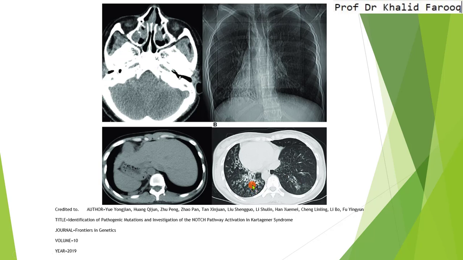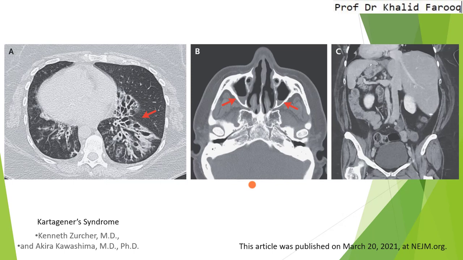This last example, where we can see dextrocardia, and we can clearly appreciate bronchiectatic changes in peribronchial areas and lower lobes on either side. Similarly, mild diffuse mucosal thickening is also appreciated, suggesting bilateral maxillary sinusitis.